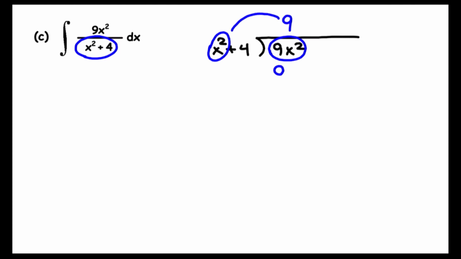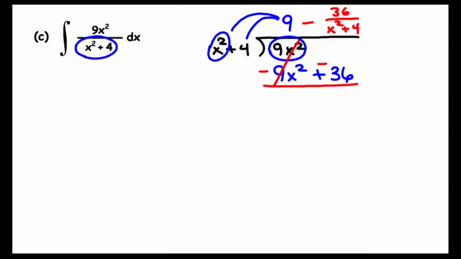All right, that's 9x squared plus 36. And the tried and true catchphrase, draw the line, change the signs. That cancels, but we have a remainder of negative 36, or minus 36, over x squared plus 4.